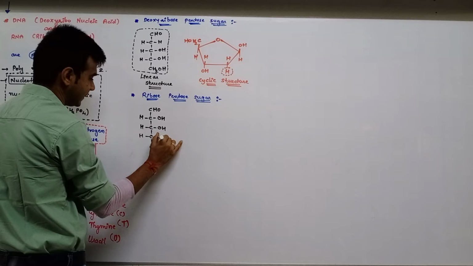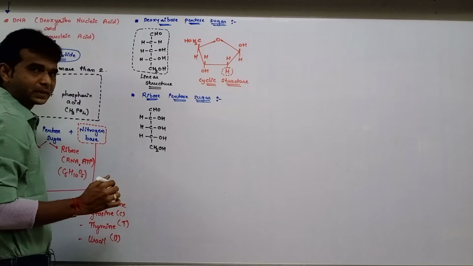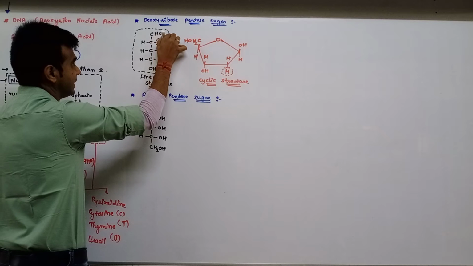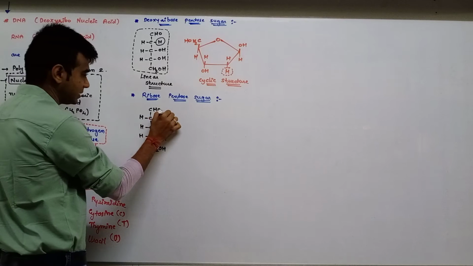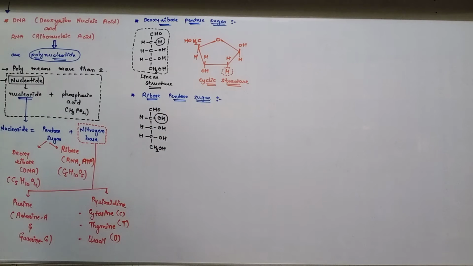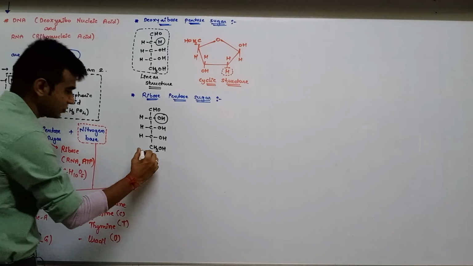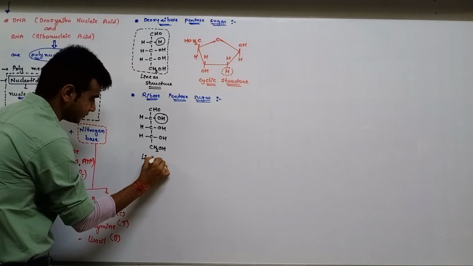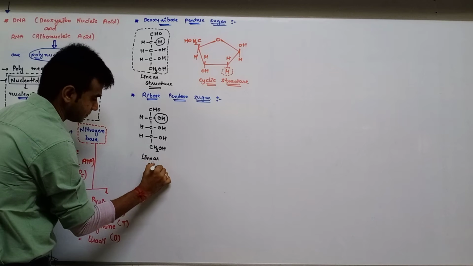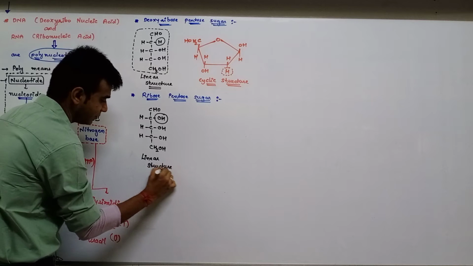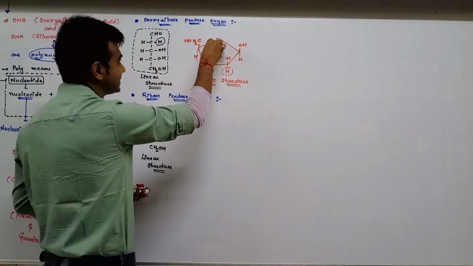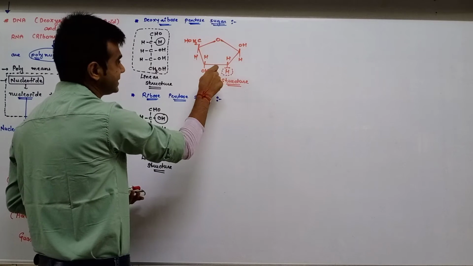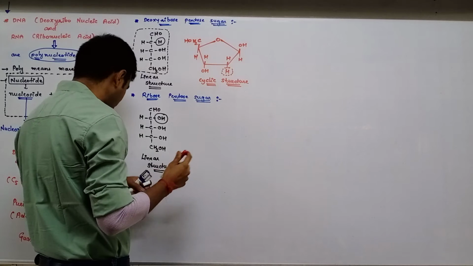You have to put the valency. In deoxyribose, on the second carbon H is there, and in ribose sugar, on the second carbon an OH group is there. Only this difference is there. So this is the linear structure of ribose sugar. Now what is the cyclic structure? Exactly just like this, but on the second carbon instead of H, OH is present.